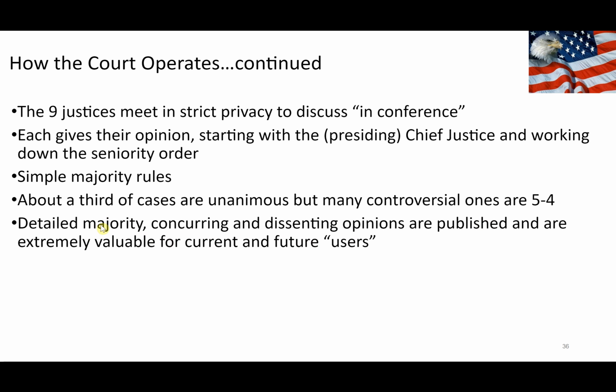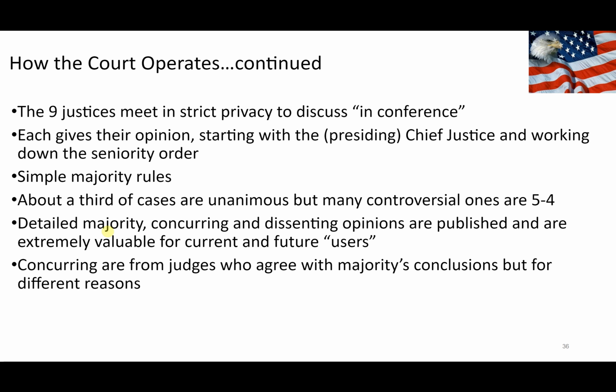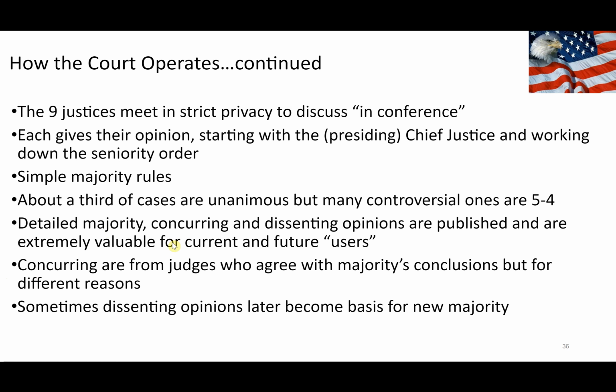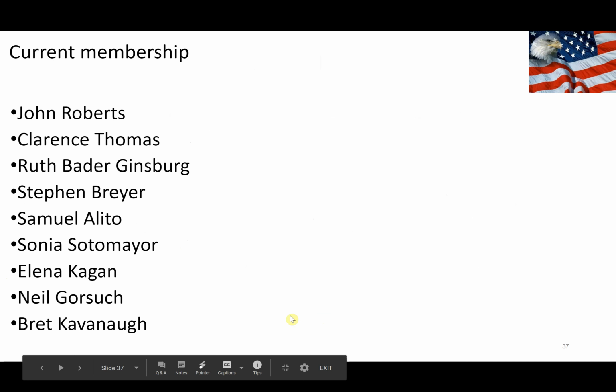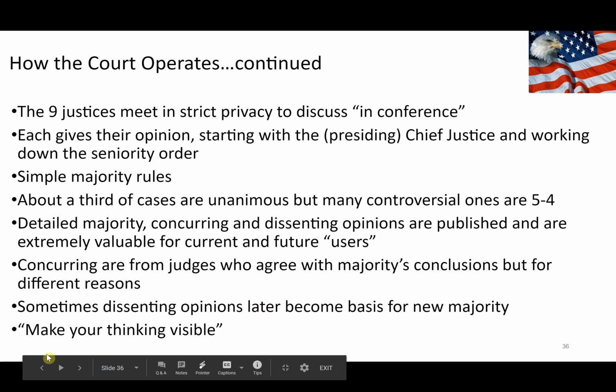The majority opinion is usually written by the majority. The concurring opinion is usually made by someone who agrees with the majority but provides a different rationale for why he agreed, and the dissenting opinion is usually written by a justice who is out of the majority. Sometimes dissenting opinions later become the basis for a new majority. Writing opinions is basically a way of making your thinking visible.